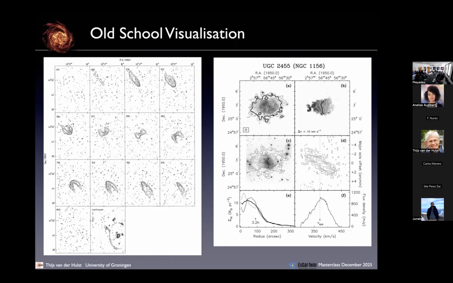It shows a cut along the major axis, and this is velocity. So you here see the approaching and the receding part. So this is a cut through the data along the main axis of the galaxy. Let me just push this away.